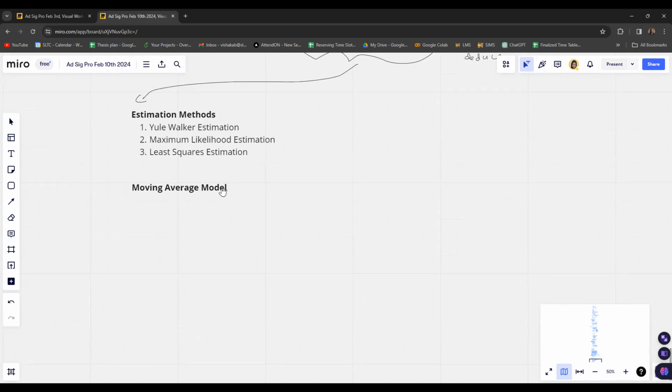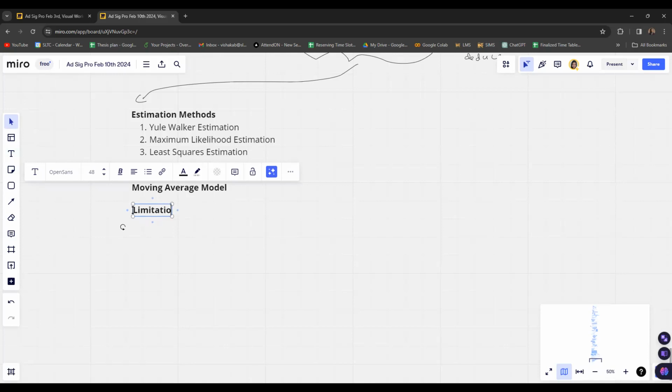So the moving average model gives us an idea about how the noise can affect the time series signal that we are trying to study. The time series signal we are studying can have some noise in it, and because of that noise the average value of the time series signal will change with time. Such kind of effects can be mathematically modeled using this moving average model.